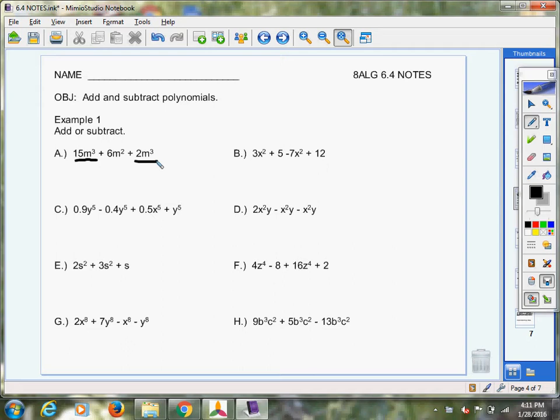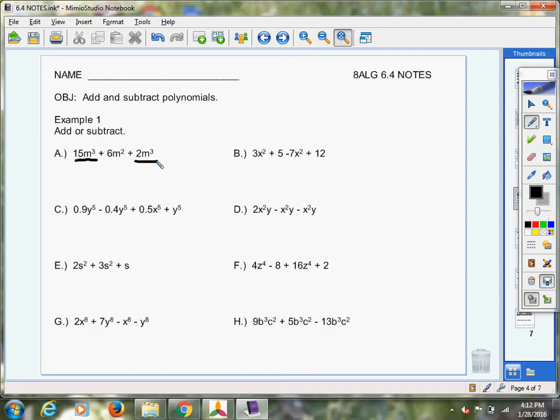The key to addition and subtraction of polynomials is that you add or subtract the coefficients, whatever the case may be, and you combine the coefficients only. You don't change an exponent on any of those variables. The only way you can change an exponent is if you're multiplying the same base, you would add the exponents.